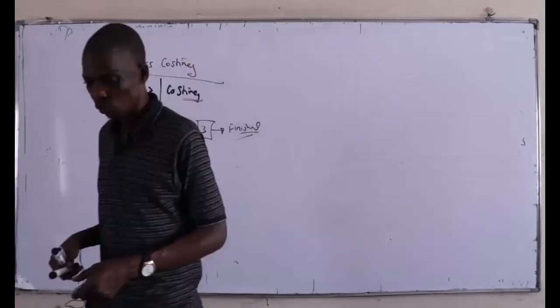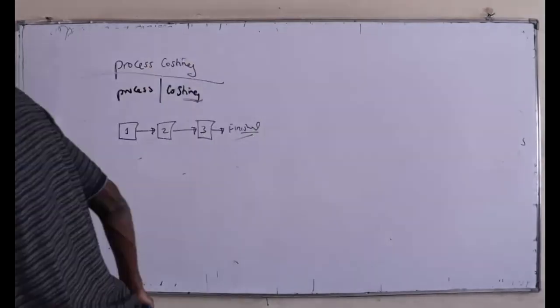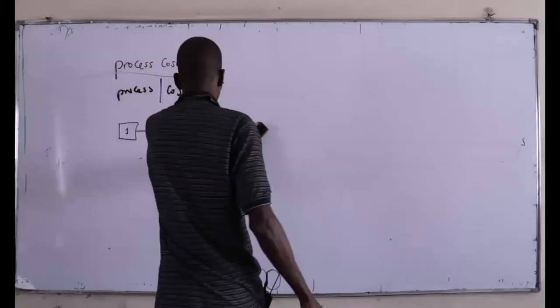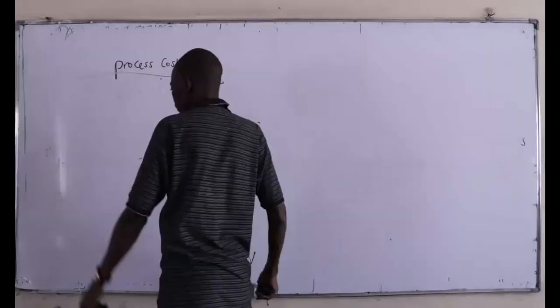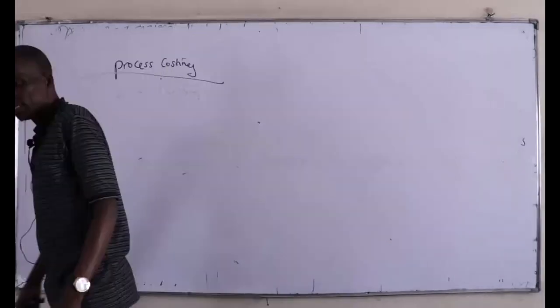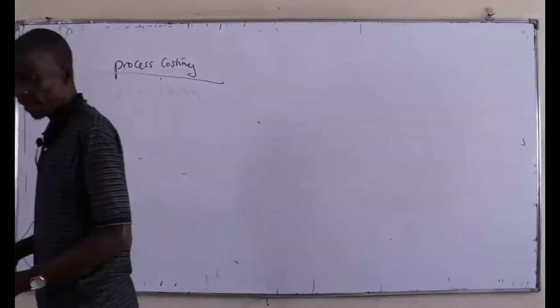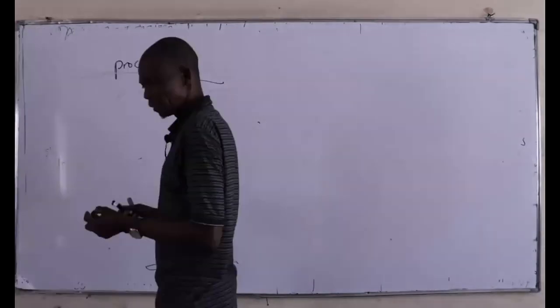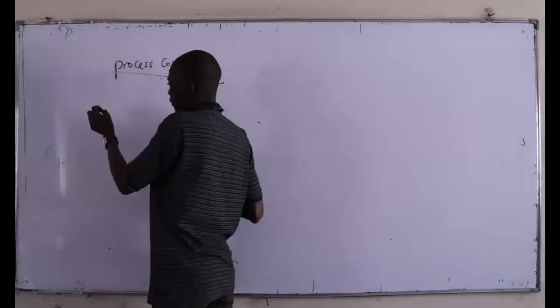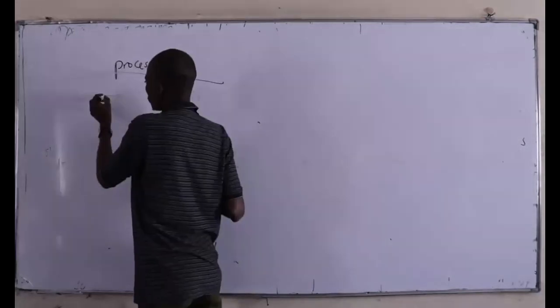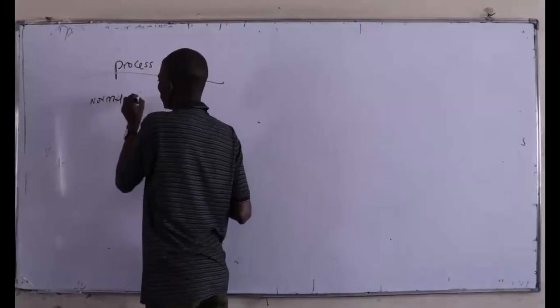Now, in the course of doing process costing, there are terms that we need to understand first, which are important for us. We have what we call normal loss. We have what we call abnormal loss.